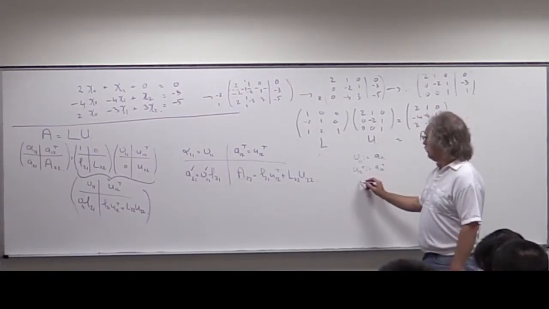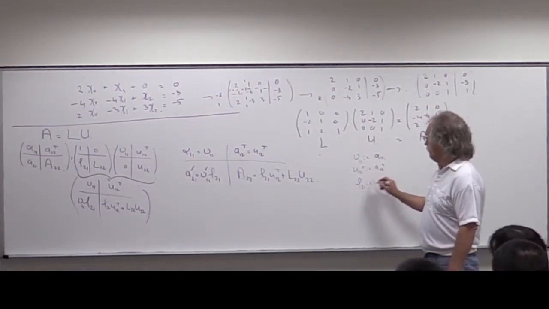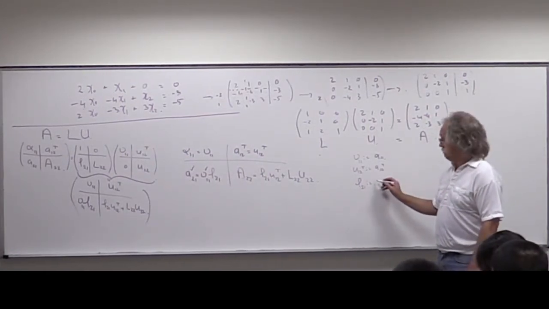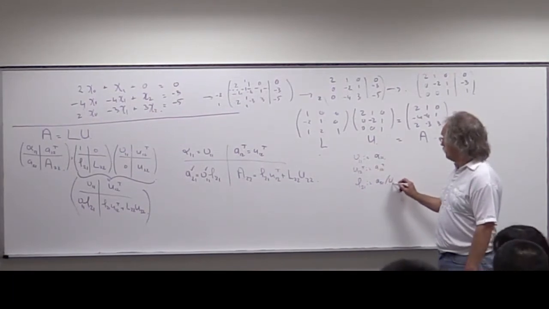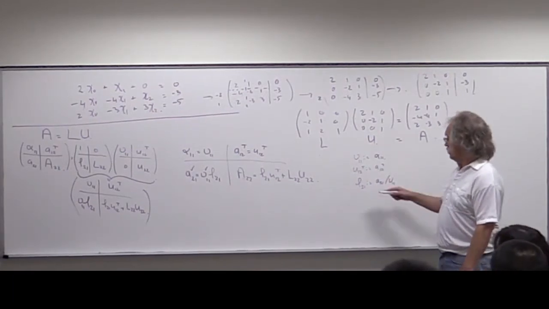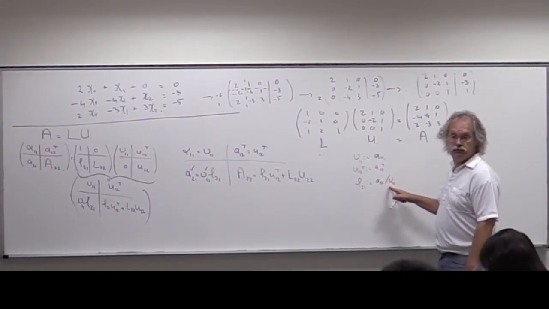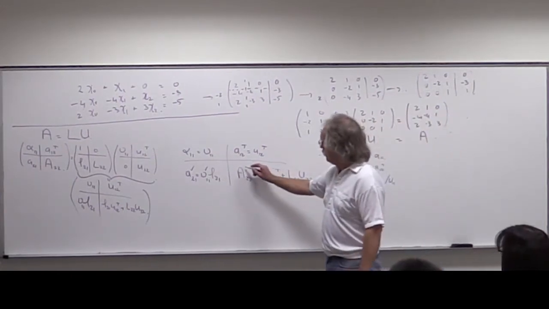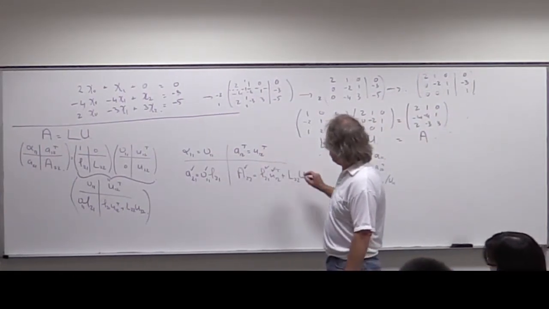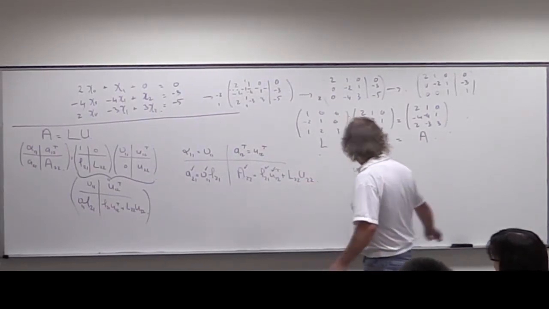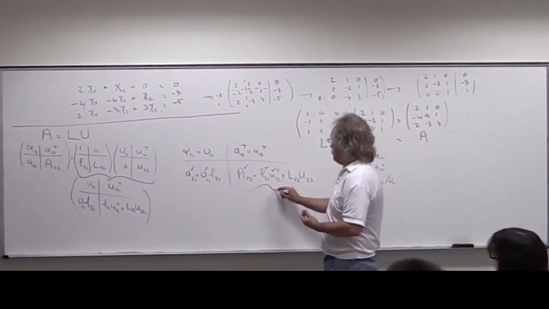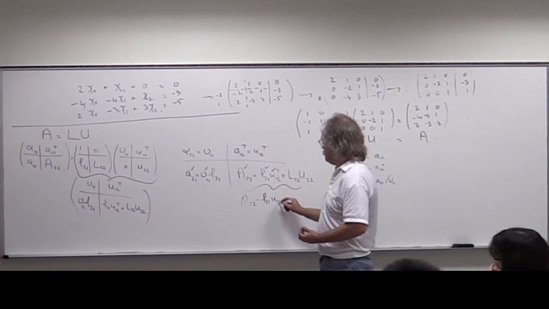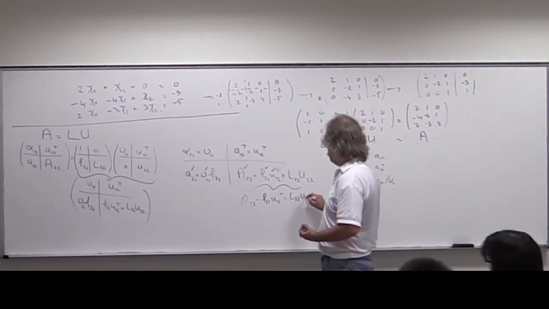So how do we compute L21? That's just A21 divided by epsilon 1,1, which is just taking a vector and scaling it. You've seen that operation before. And then by the time we get here, we know what these are, and we would like to compute these. Notice that we can rewrite this as A22 minus L21 U12 transpose is equal to L22 U22.